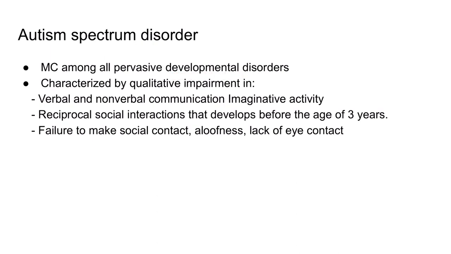It is characterized by qualitative impairment in verbal and non-verbal communication and imaginative activity. There is impaired reciprocal social interaction that develops before the age of 3 years, and there is failure to make social contact, aloofness, and lack of eye contact.